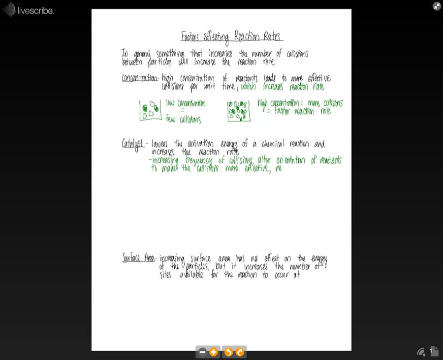And it can also reduce the intramolecular bonding within the reactant molecules.